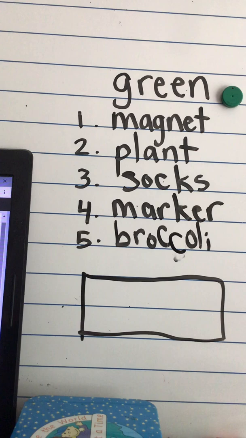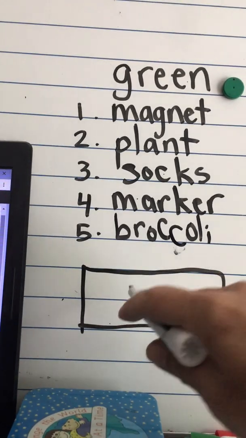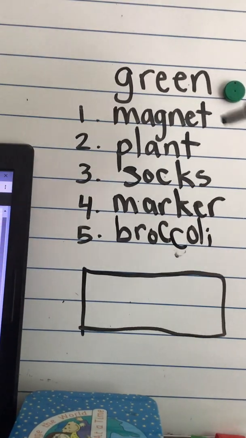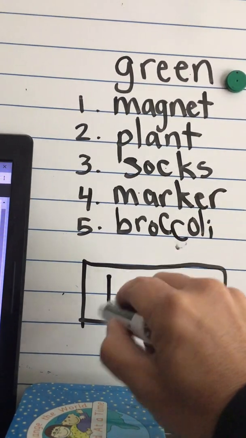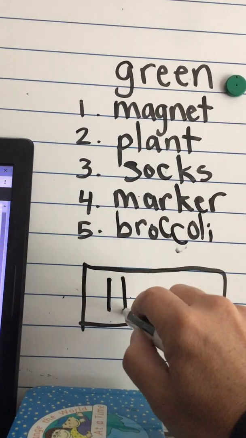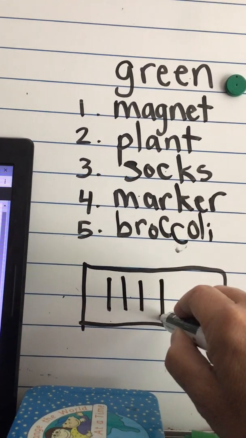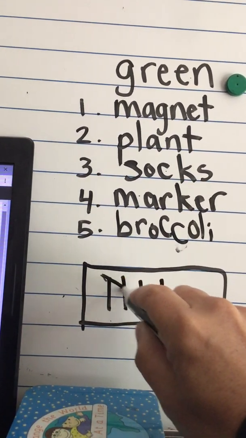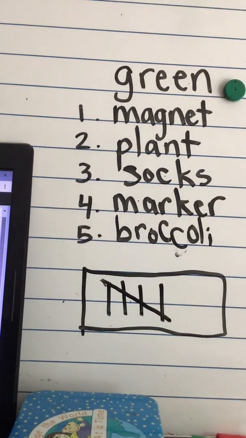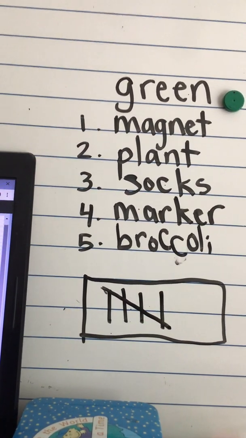So we have some things that are green there. So now in the box at the bottom, we can count 1 for the magnet, 2 for the plant, 3 for the socks, 4 for the marker, and then when I get to number 5, I'm going to go across for the broccoli. So I found 5 things that were green around my house.